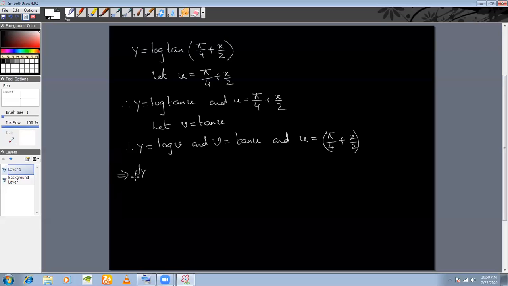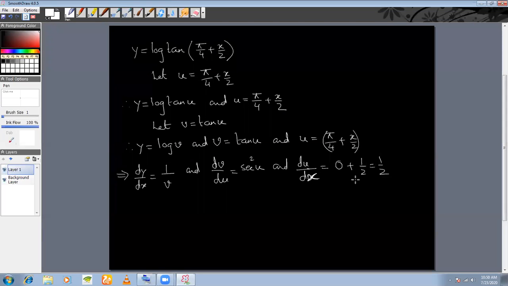Now I'll differentiate. dy/dx is equal to 1 by v into dv/du, which is sec square u, because d/dx of tan u is sec square u, and du/dx is d/dx of pi by 4, which is 0, plus d/dx of x by 2, which is half. Any doubts here with differentiation?